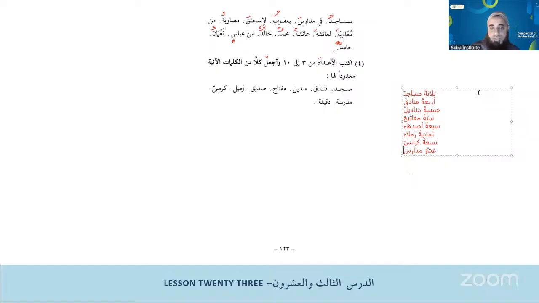The simple rule is: if the ma'dud is muannath, the sheen on the word ashr will have a sukun. If the ma'dud is masculine, the sheen on the word ashara will have a fatha. So in this case, madrasatun is feminine. That's the ma'dud. So when we say 10 madrasas, we'll say ashru madarisa.